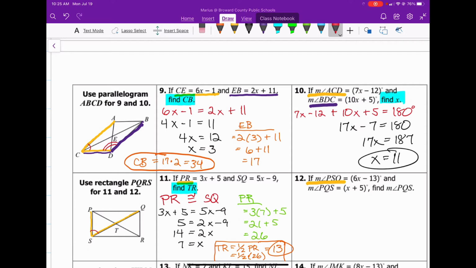And then we have the angle PQS. We know that is another angle right here. Those two angles are not congruent, so we got to give them different markings.